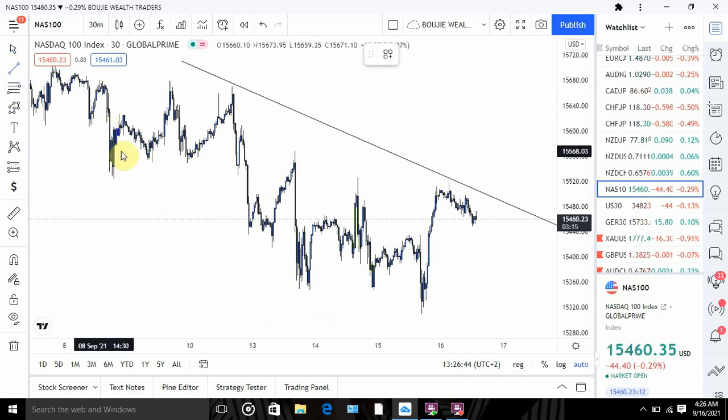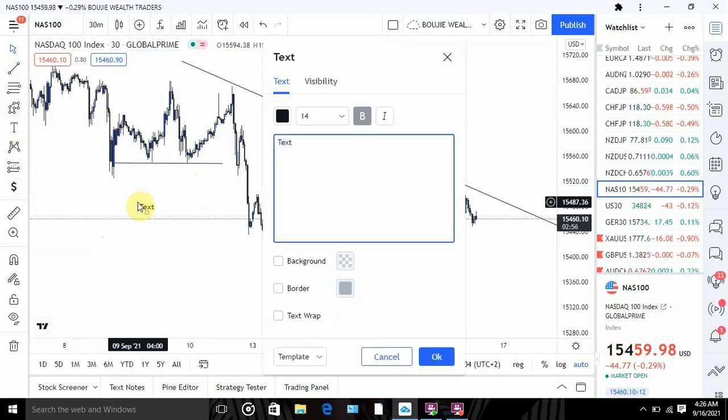Here's our low. This is the break of structure.